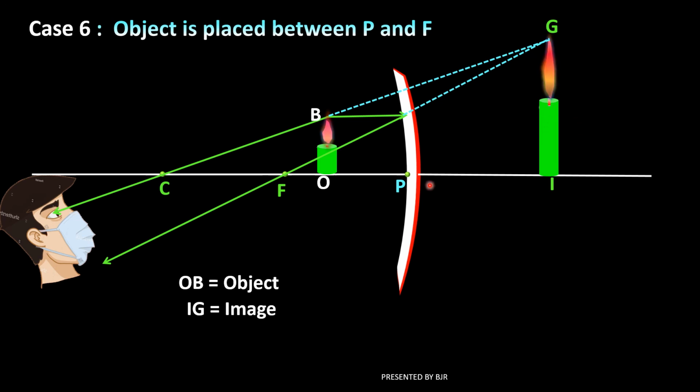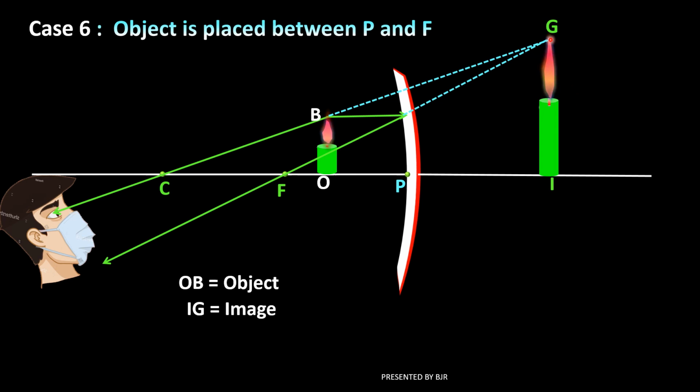So this image is called the virtual image because the reflected rays are not crossing themselves. By extending them backwards, they are meeting. That's why a virtual image is formed. We cannot obtain this image on the screen, and all virtual images are erect.